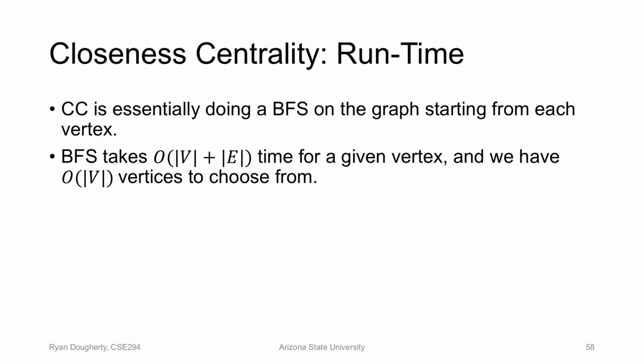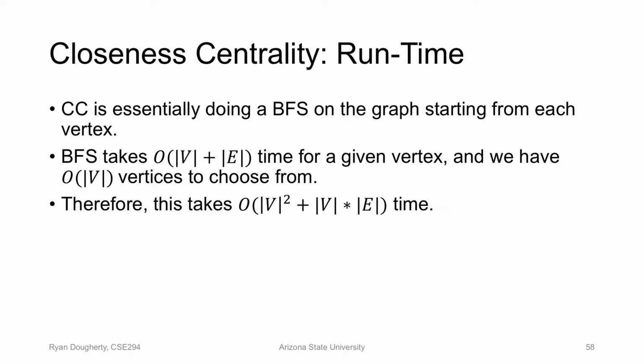Breadth first search takes linear time in the size of the graph, and we have order v vertices to choose from. So if we do v times v plus e, it's v squared plus v times e. It's just simple multiplication. Any questions on that? Okay.